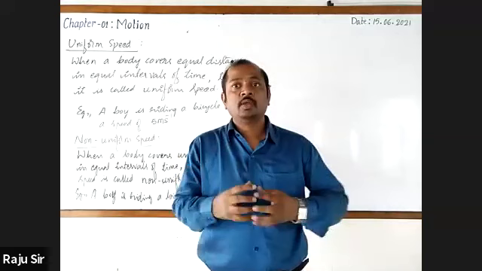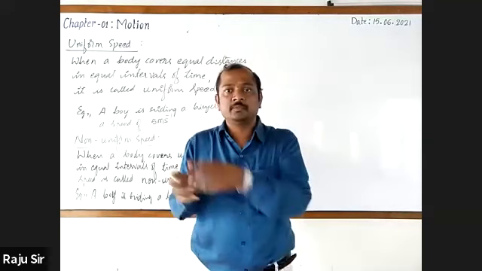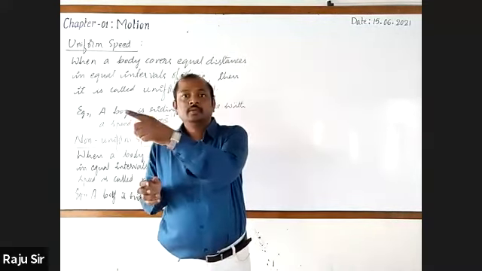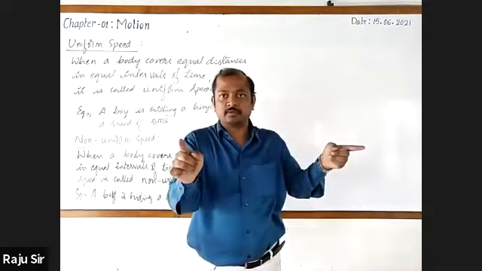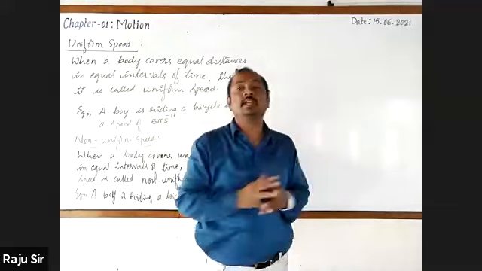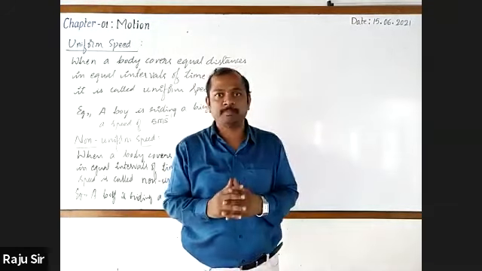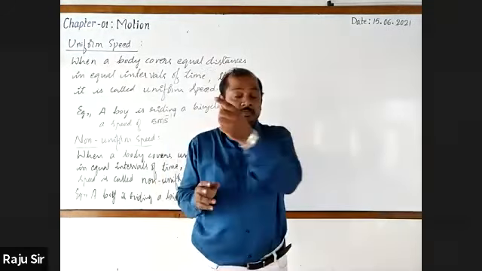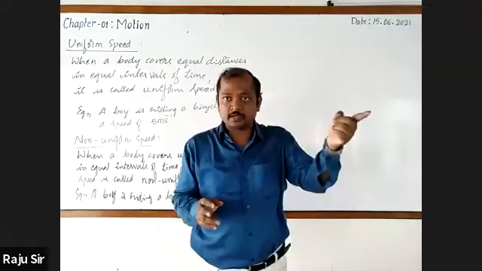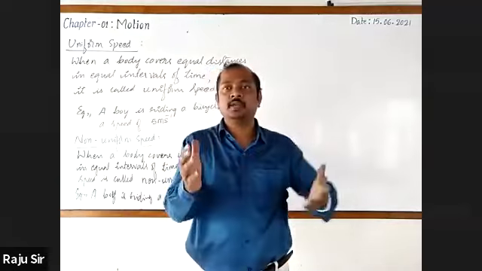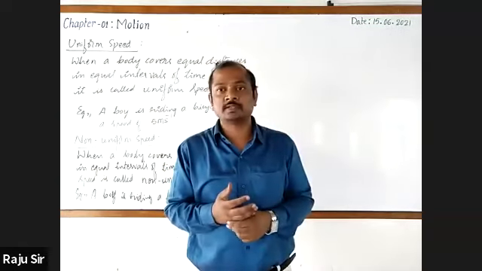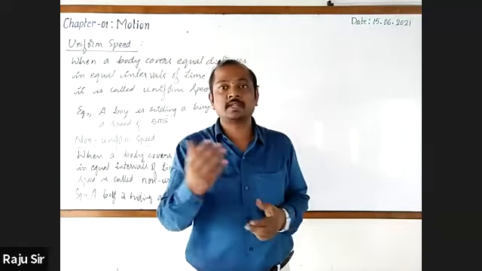You can also write the definition in this way. When a body is traveling in a straight line, if it covers equal distances in equal intervals of time, then its velocity is called constant velocity.